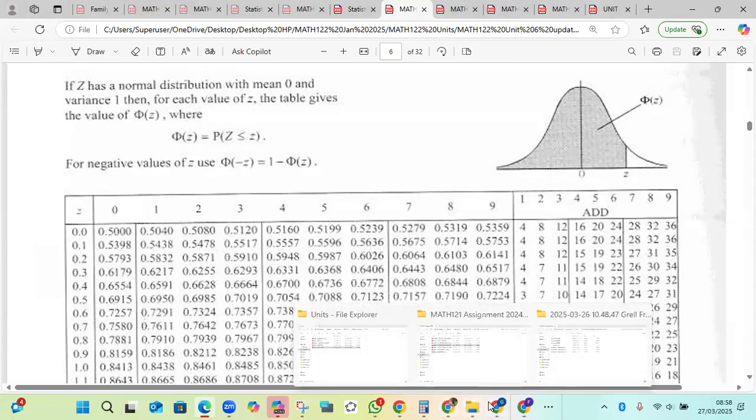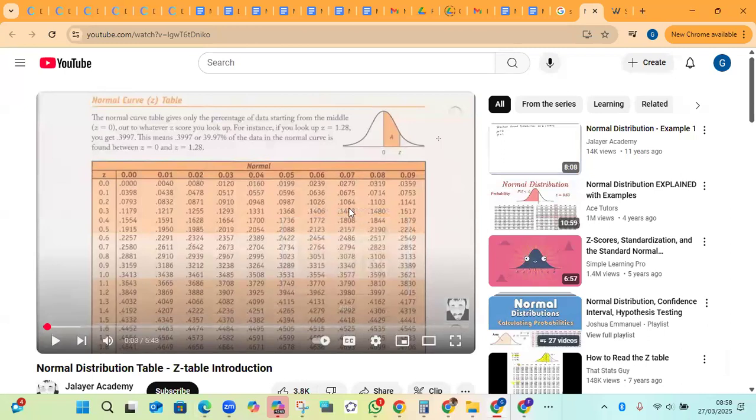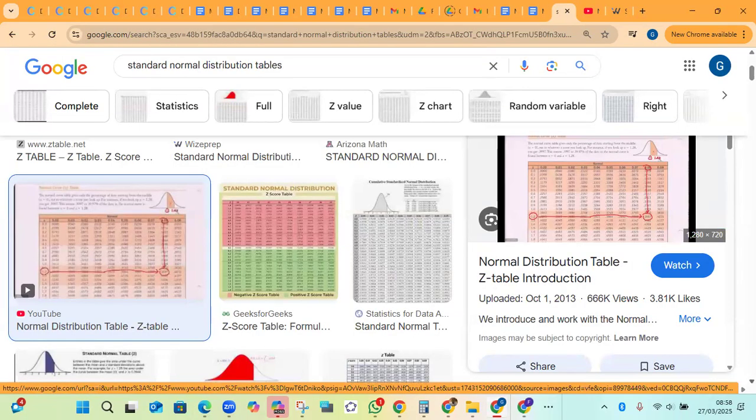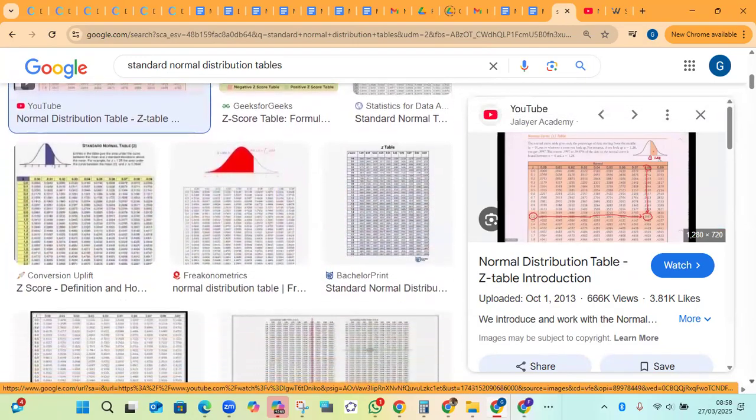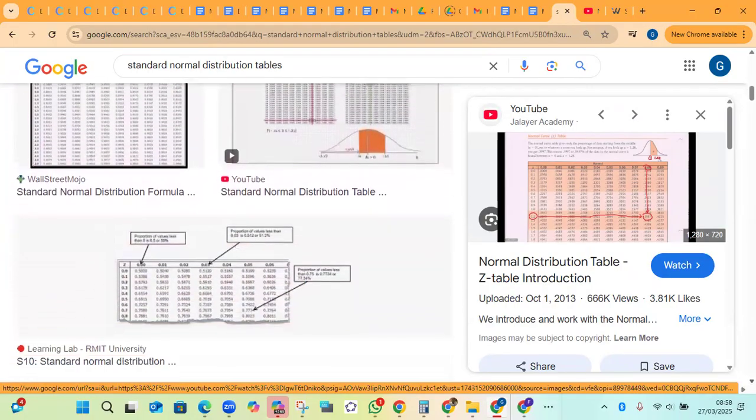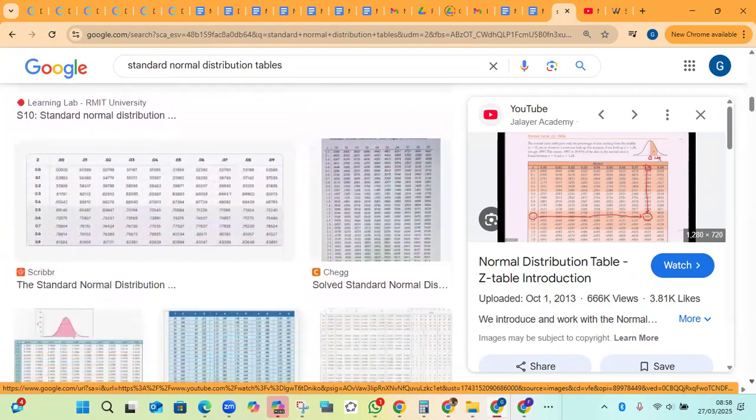As we said in a previous video, there are tables that are calibrated for different areas. Some examples: phi of positive z, some are between 0 and z, some are even calibrated for negative z's. Okay. And on top of the page of the probability table, it will tell you what probability values it gives you.